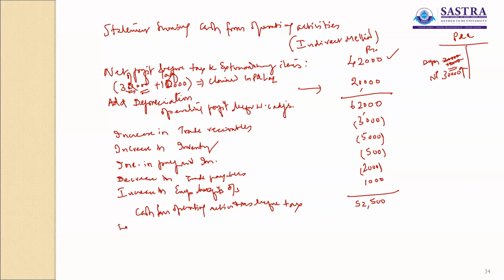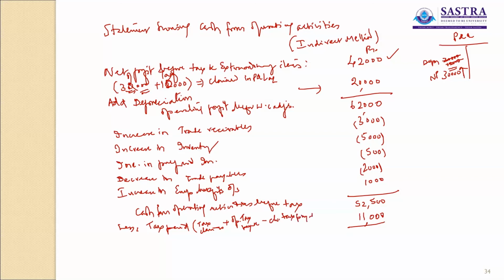From this, less tax paid. Tax paid remains the same, 11,000, taking into account tax claimed plus opening tax payable minus closing tax payable.